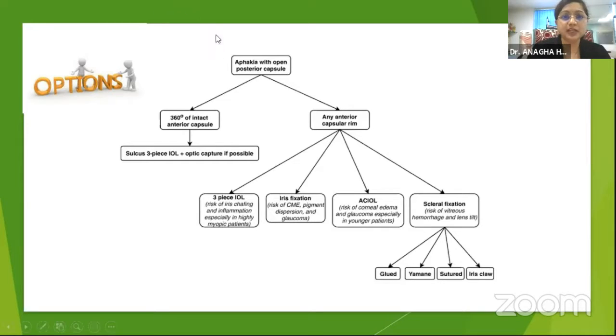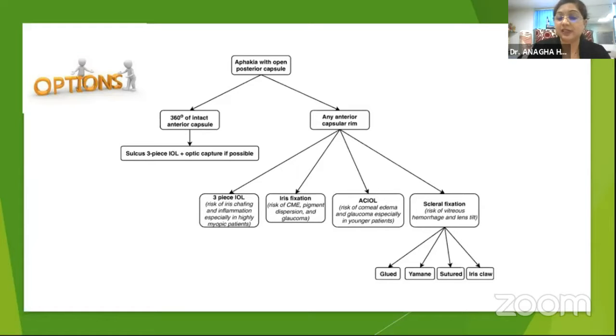If there is a 360-degree intact anterior capsule, you can use a sulcus placed 3-piece IOL with an optic capture. If an anterior capsular rim is present, use a 3-piece IOL again, but here there is a risk of iris chafing with inflammation. With iris fixation, there is again the risk of CME with pigment dispersion.